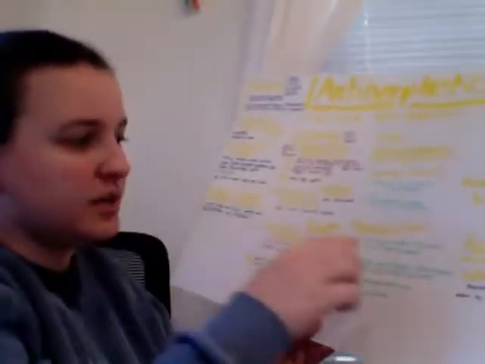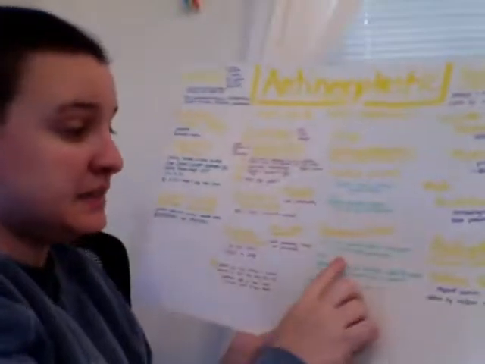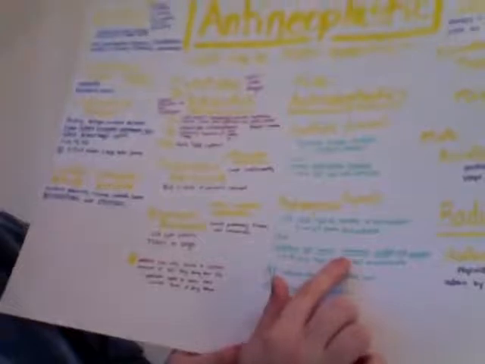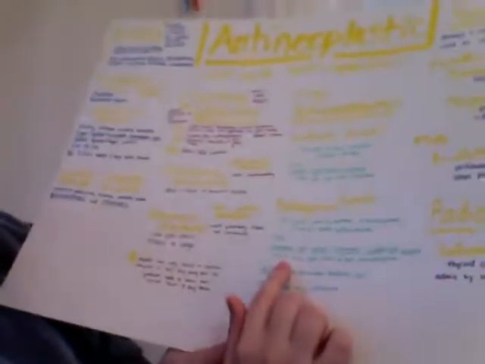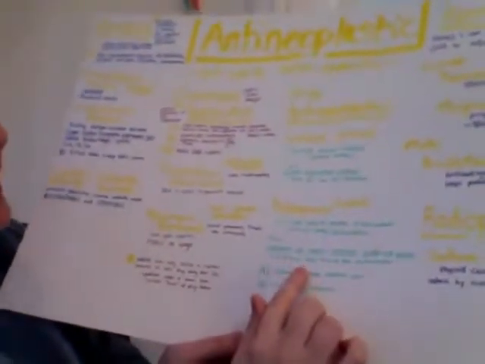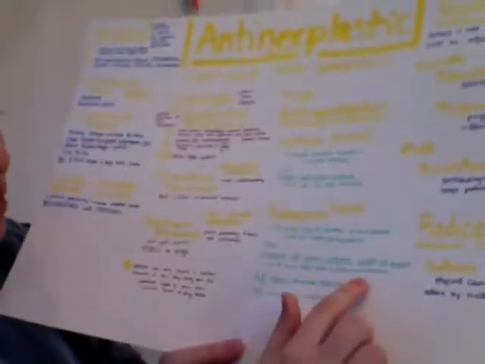Hydroxyurea is Hydrea. It is cell cycle specific and it interferes with DNA synthesis. It works in the S and the G1 phases, and it's an antimetabolite. This drug is taken orally, and it is for squamous cell cancer as well as leukemia and sickle cell anemia. This drug can increase fetal hemoglobin levels, which decreases HbS concentration.